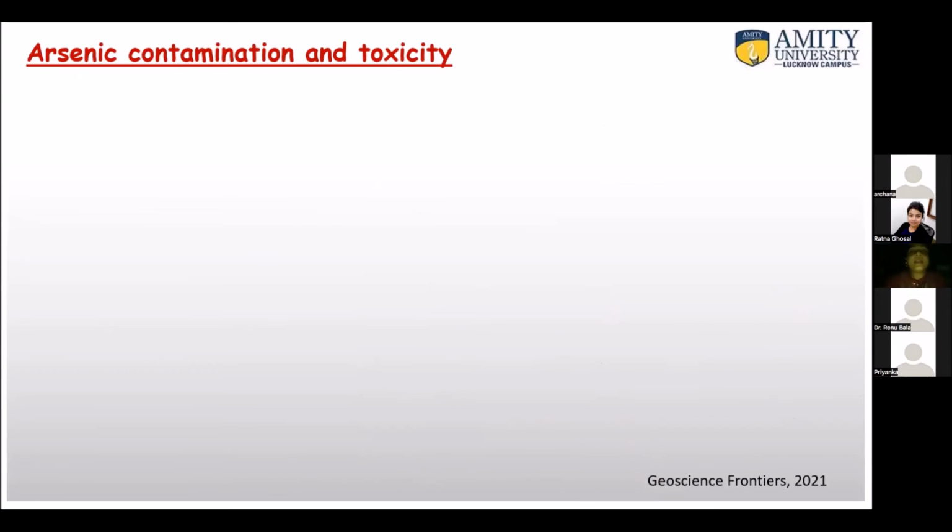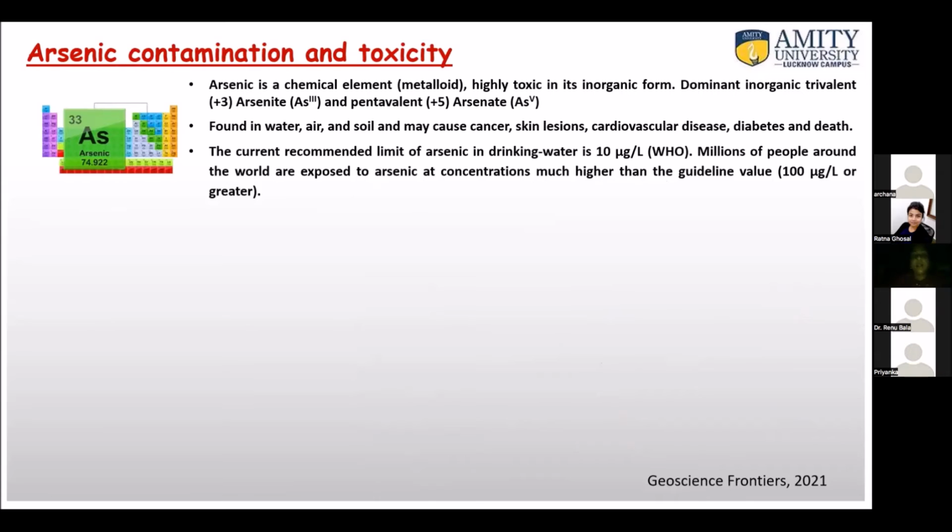So in arsenic contamination, what is arsenic? Arsenic is a chemical element or metalloid which is very toxic. In nature we find the inorganic trivalent arsenite and pentavalent arsenate. These two species are very predominant in water and soil, and they are very toxic.